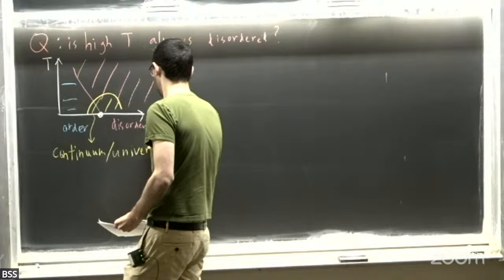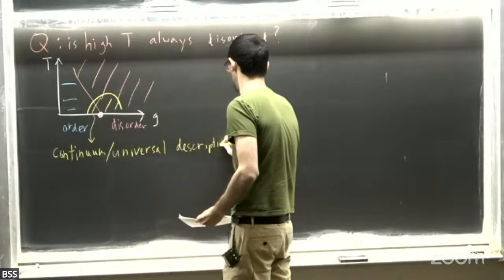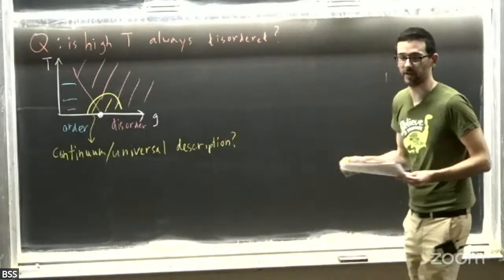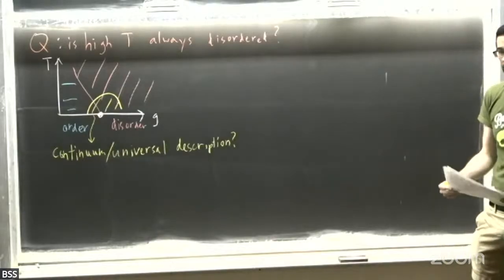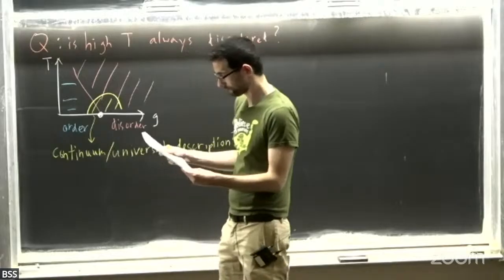So, for example, in this Ising transition, there's a famous description in terms of the conformal field theory close to this transition.